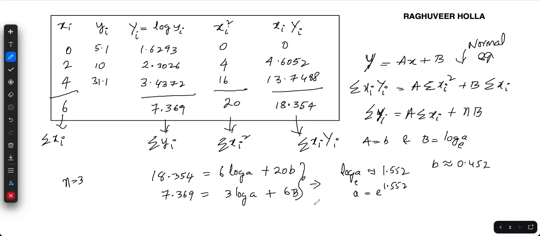So our curve y is equal to a, which we can calculate as 4.7209, e to the power of 1.552 is 4.7209, into e to the power of 0.452x. So this is the required fit.